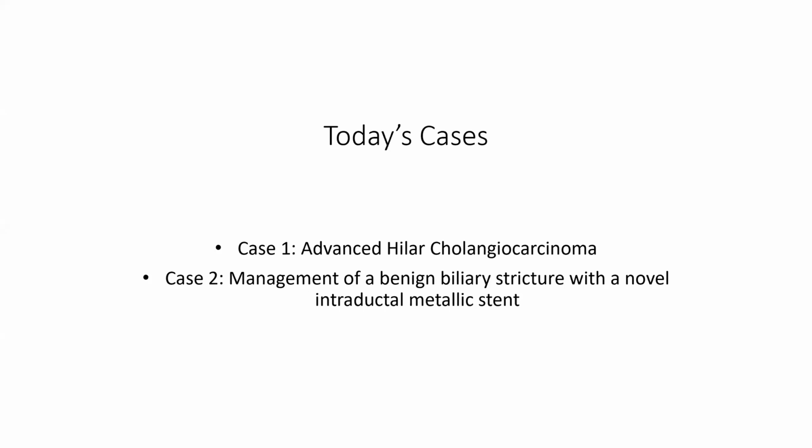This can be done using plastic stents if the patient is operable and there is still a chance for surgical intervention. If not, we will use a metallic stent as a palliative approach to ensure drainage of the biliary system.